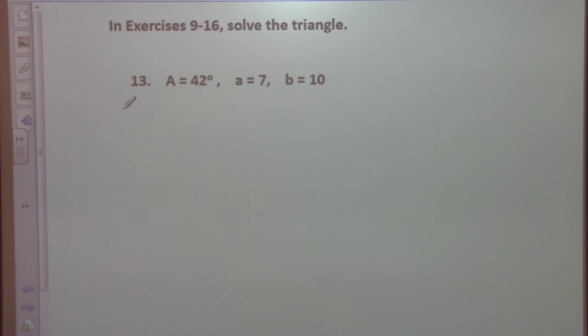Well, you've got a known side opposite a known angle. So that's going to be sine B over B is equal to sine A over A, which is 7.